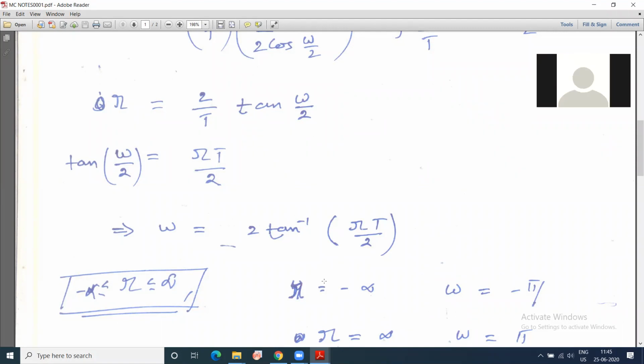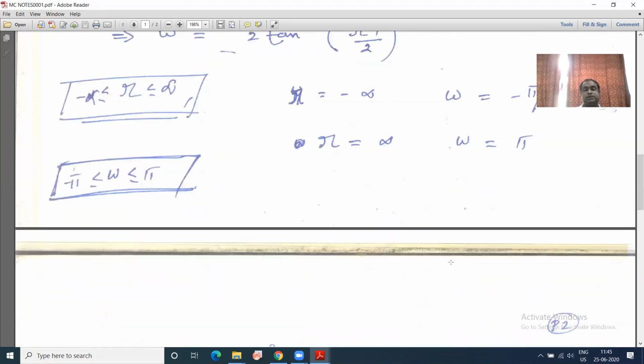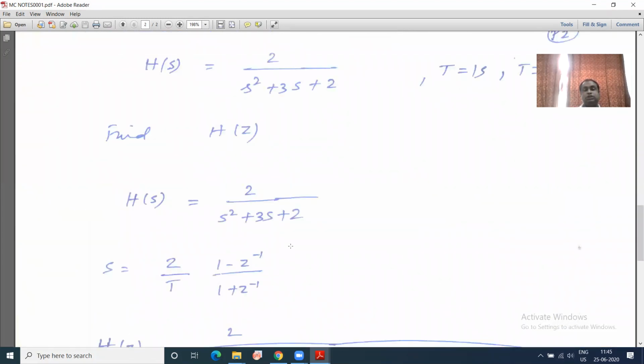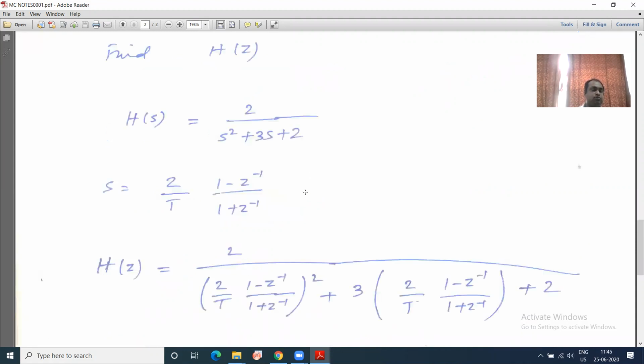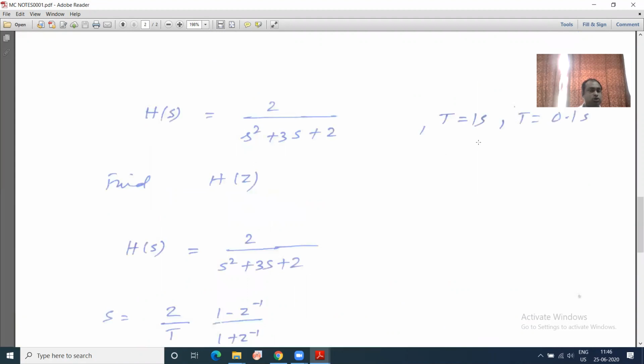Yes sir. Very good. Now with this, if we have this relationship like z equal to this, if this is given, then how could you find H(s)? This was the question. So what I have to do is substitute s equal to this here, then simplify, and then finally substitute the sampling time T equal to 1 second.